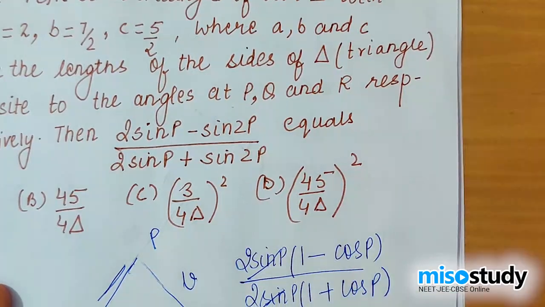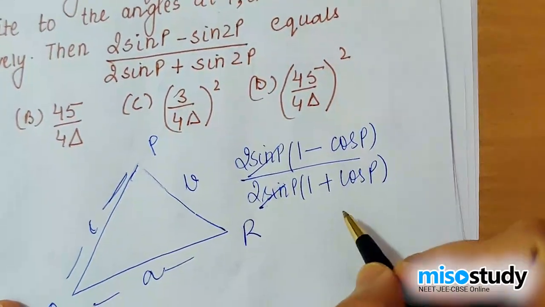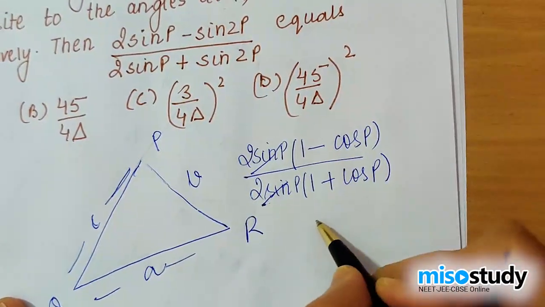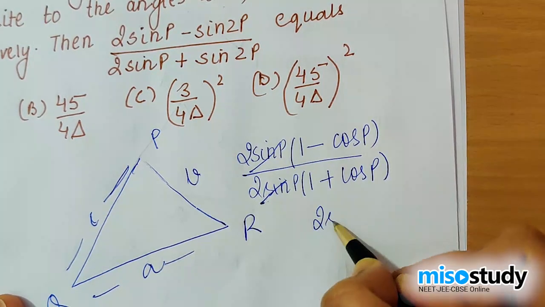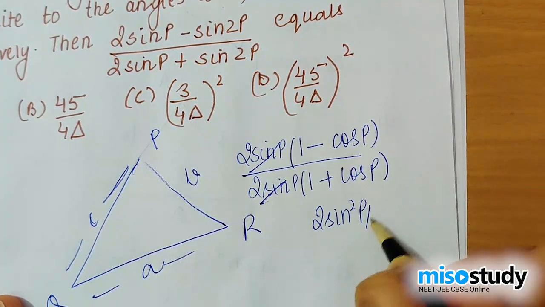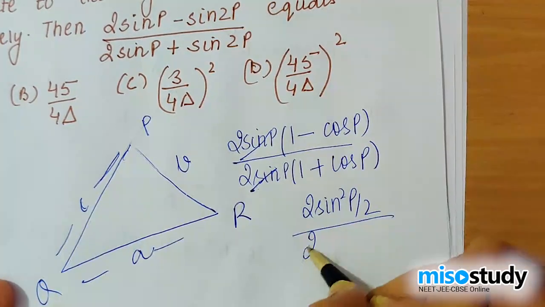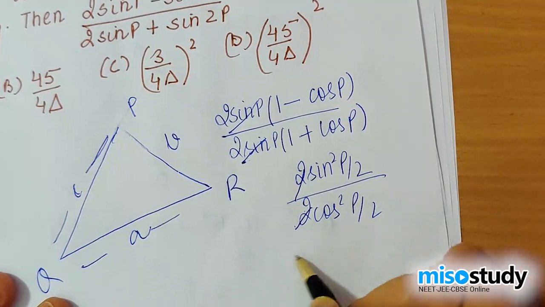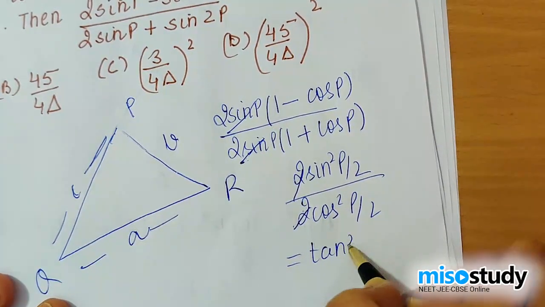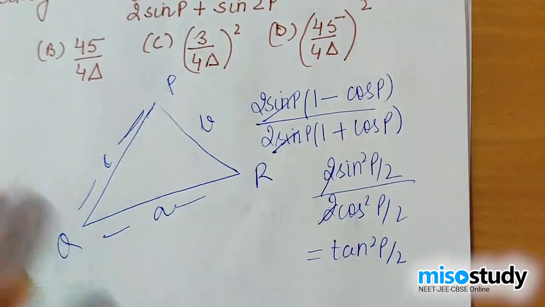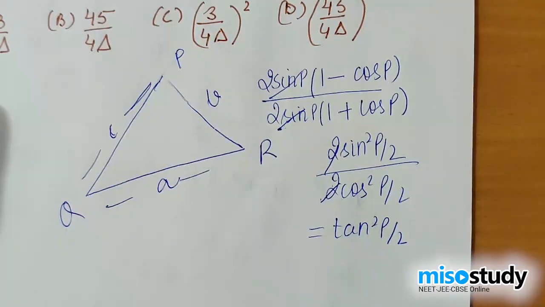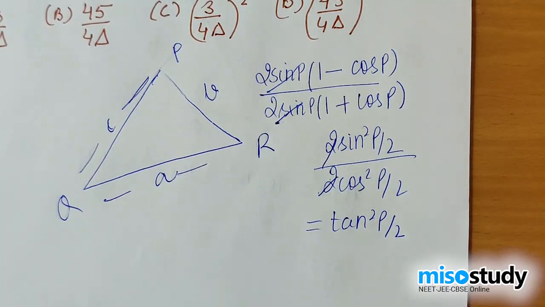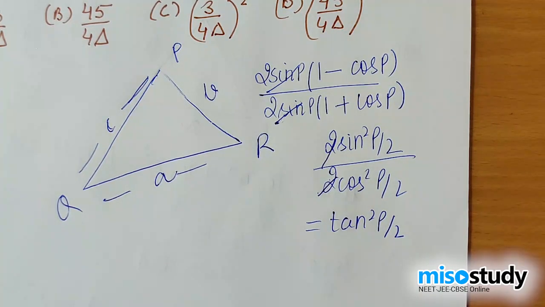This thing gets cancelled out. Using the half angle formula, 1 − cos θ is 2 sin²(θ/2), that is 2 sin²(p/2), and this is 2 cos²(p/2), which becomes tan²(p/2). So basically my entire question is dependent upon what tan²(p/2) is. Once I'm able to find the value of tan²(p/2), my job is done. And how would I find the value of tan²(p/2)?